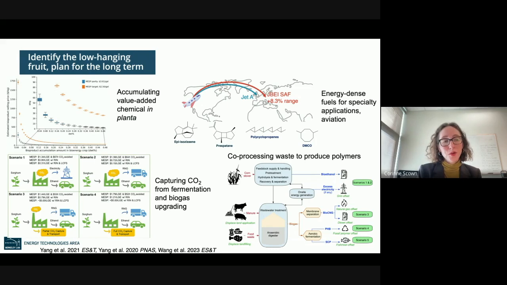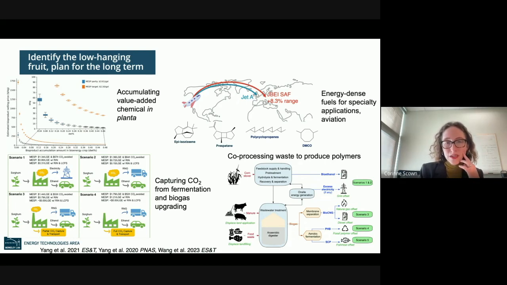The question was, how much do you have to accumulate in the plant to make it worth your while to extract and recover it? We developed curves that say here's how much you need in order to break even, and you can have different values for the product itself. For a really expensive one, you can accumulate less and get away with that. If it's a cheaper commodity product, then you better be accumulating more because you're not going to get paid that much per kilogram that you produce.